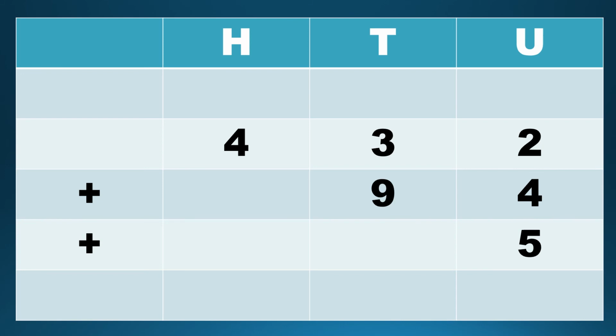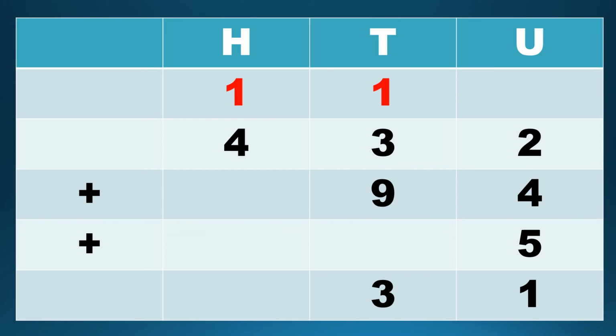Let us now add 432 plus 94 plus 5. So we begin by adding from the units place, 2 plus 4 plus 5. The answer is 11. 1 is in the units place and you have carried over 1 to the tens place. So we had 3 plus 9 plus 1, which is the carryover.